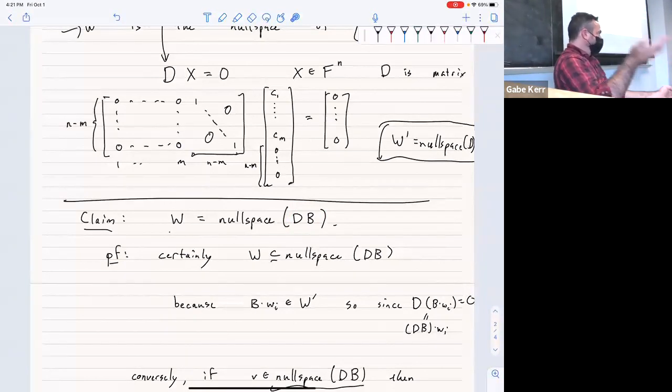That's what it's asking, to show that there is such a space. Because if something's a null space, the rows are going to be essentially orthogonal vectors, and they span the orthogonal complement.